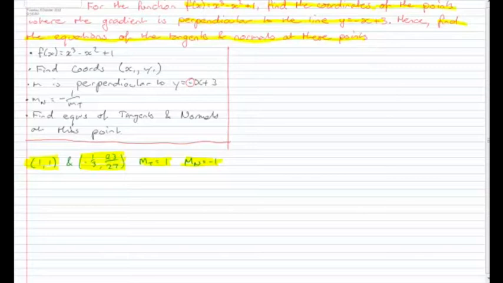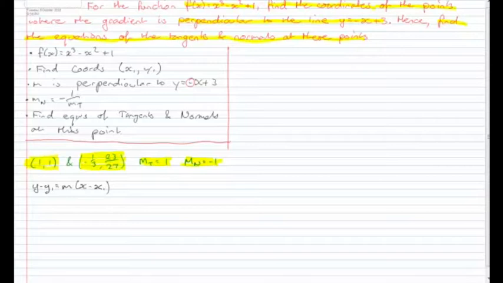Alright, because the question's asking us to find the equation of the tangent that is perpendicular to the line y equals -x plus 3 on the function f of x is equal to x cubed minus x squared plus 1, we need to use the formula y minus y1 equals m bracket x minus x1. Now we know the coordinates of y1 and x1.